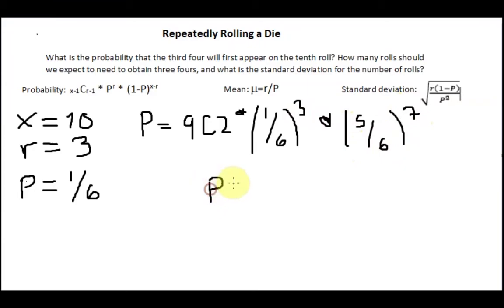This will give us an approximation of 0.0465. So the probability that we can get 3 successes at the 10th trial is minimal.